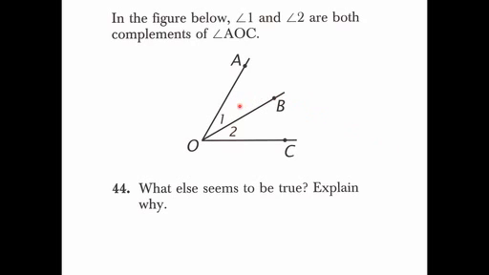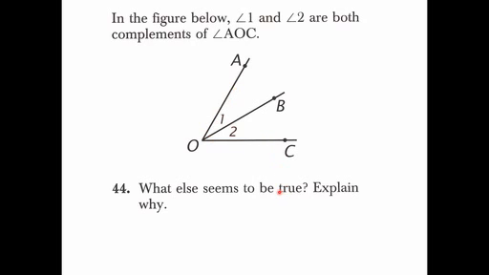So we're told here that angle 1 is a complement of angle AOC. So maybe this could be 10 degrees, which would make angle AOC 80 degrees. Angle 2 is a complement of AOC. Well, then again, if that were 10, then AOC would be 80.